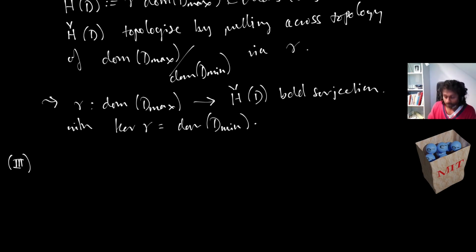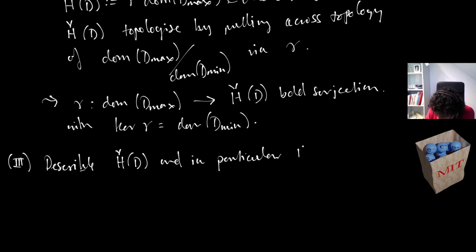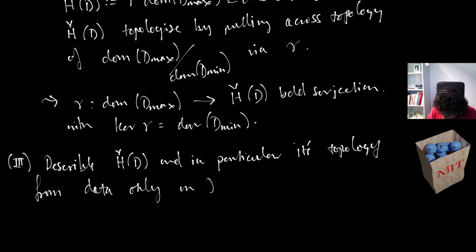So now what we would really wish for is to describe H check D, and in particular its topology, from data only on partial M. Okay, so I'm going to put only in parentheses here because of course that's open to interpretation, right?